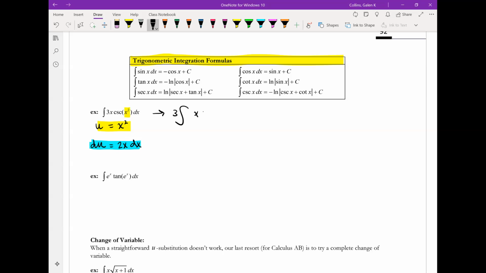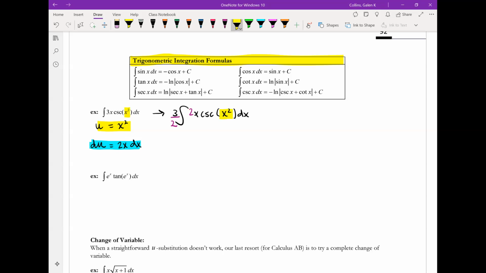So now we have x times the cosecant of x squared dx on the inside. We know we need a multiple of 2 on the inside, which means we need to divide by 2 on the outside. So I would do it like that in 2 steps. Just makes it a little easier to work with that fraction.